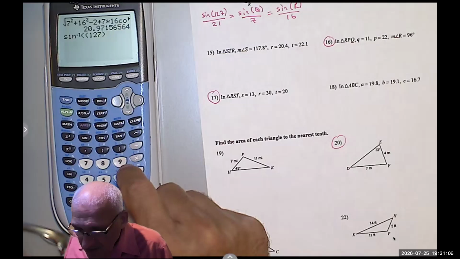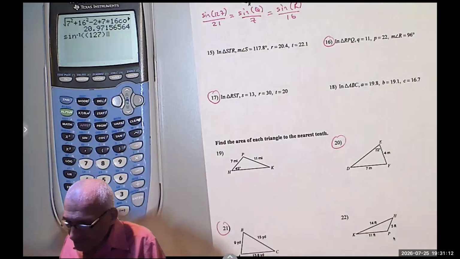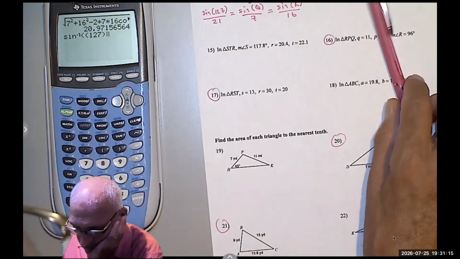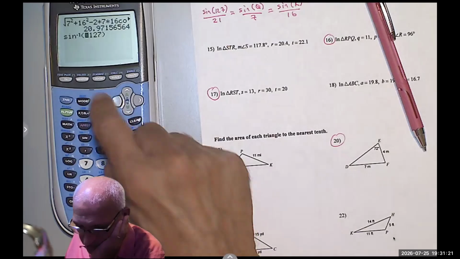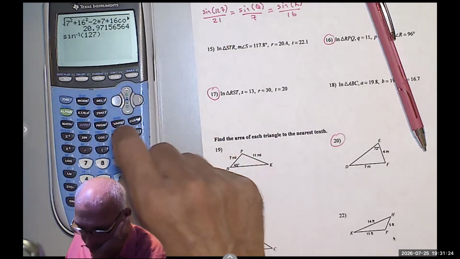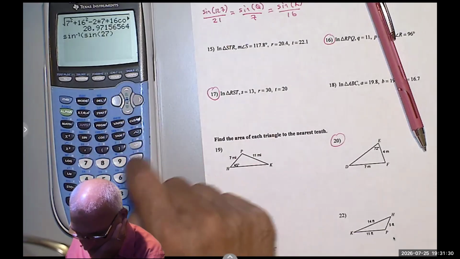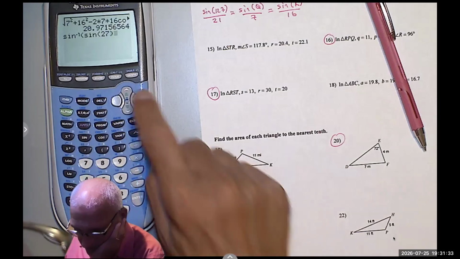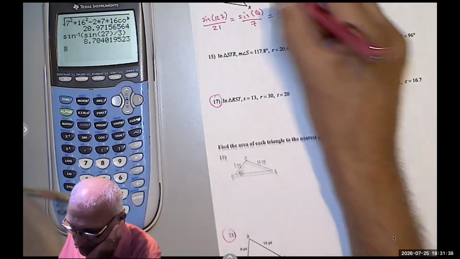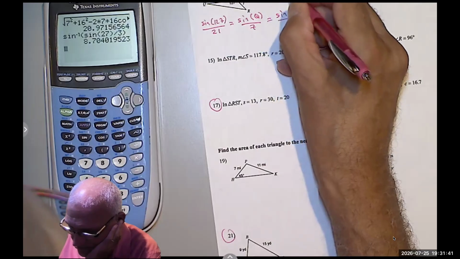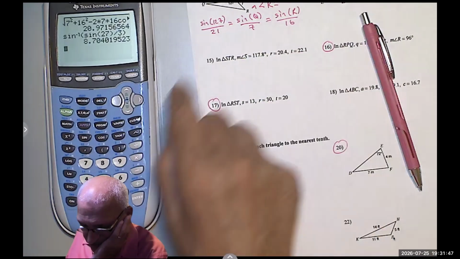127 over 3. So 8.7 degrees. Measure of angle R, it's 16 over 21.